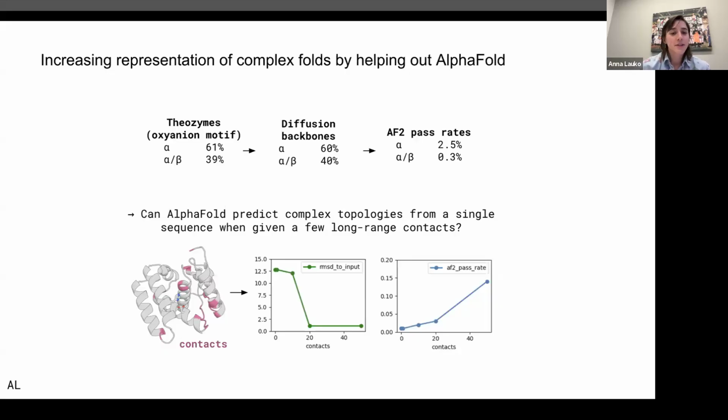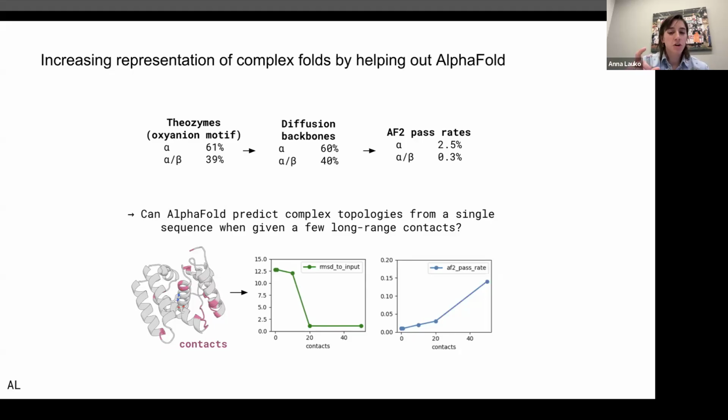So we asked: how can we bootstrap AlphaFold to predict these more complex topologies from single sequence by giving it a little bit of information about the design? What I mean by that is we can give sparse information in the template to AlphaFold, in the form of contacts. We can tell it the distance between pairs of residues that are far apart in sequence.